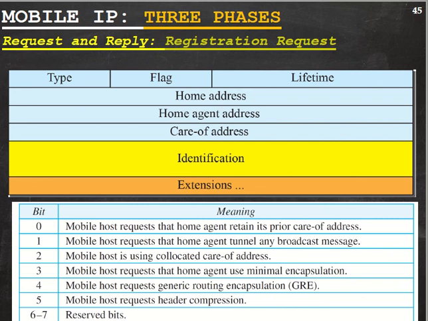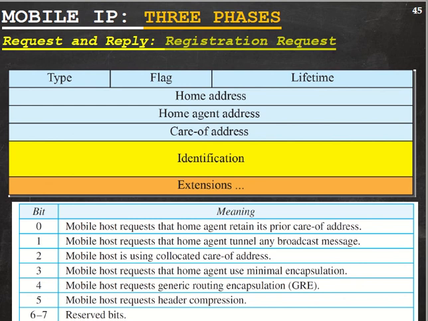We have to note here that the home agent now knows the address of the foreign agent, because the IP packet that is used for relaying carries the IP address of the foreign agent as the source address. This is the diagram which shows the registration request format.